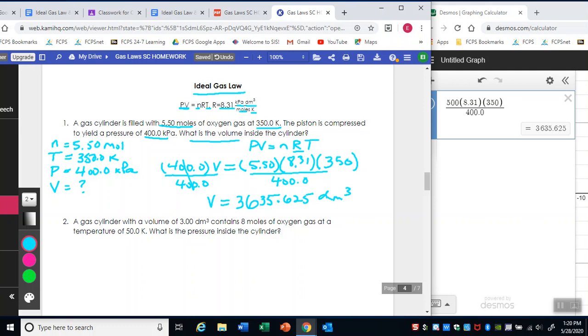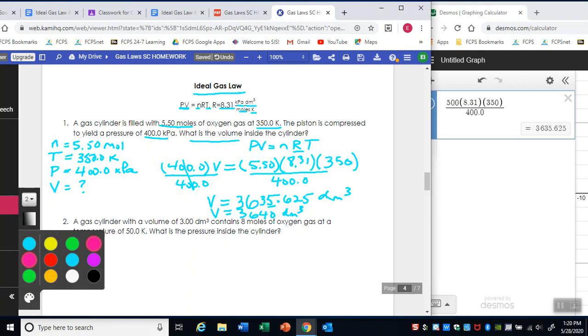Now if I only wanted 3 significant digits, that would be 3, 6, and then I look at this third one, since the next digit is a 5, I would round that up to 4. So I could say my volume is 3,640 cubic decimeters. It just depends. On your test, you'll have multiple choice and it'll tell you how many significant digits. So as long as you can do this, you'll be good.